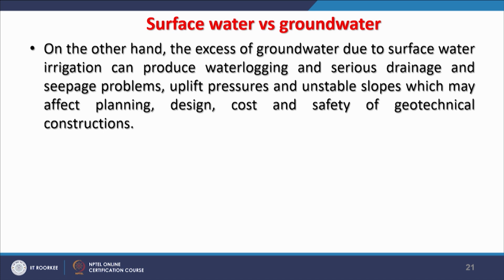The excess of groundwater due to surface water irrigation can produce waterlogging and serious drainage and seepage problems also. So, basically what is required for all areas is that a balance has to be struck between surface water and subsurface water and between recharge and exploitation. And if area wise, basin wise, catchment wise, such a balance is struck, then there will not be much problem.